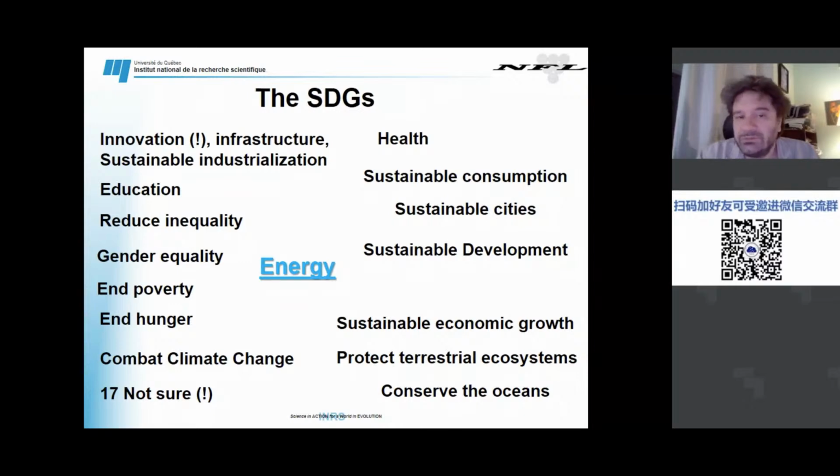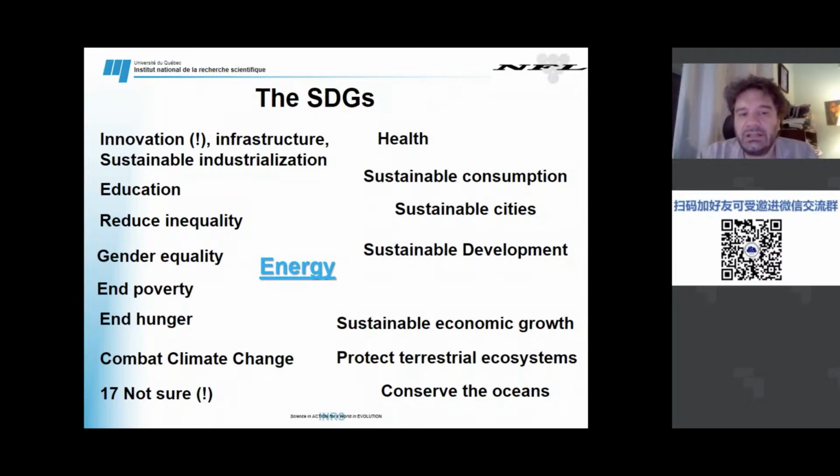Energy is one of them, of course, renewable energy if you want. And I placed it centrally because it's the one that we're interested in, but also because I believe that addressing the energy challenge will directly or indirectly address a lot of other challenges.